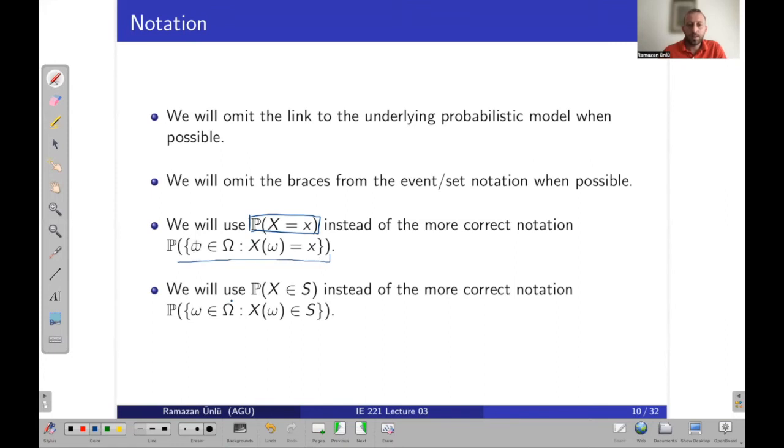These are the elements in omega. We can think of them as a subset, and the subset will give rise to this one. But instead of using this, we are going to use this simple notation: P of X equal to x, where x can take any different values, and these values will belong to omega, right?